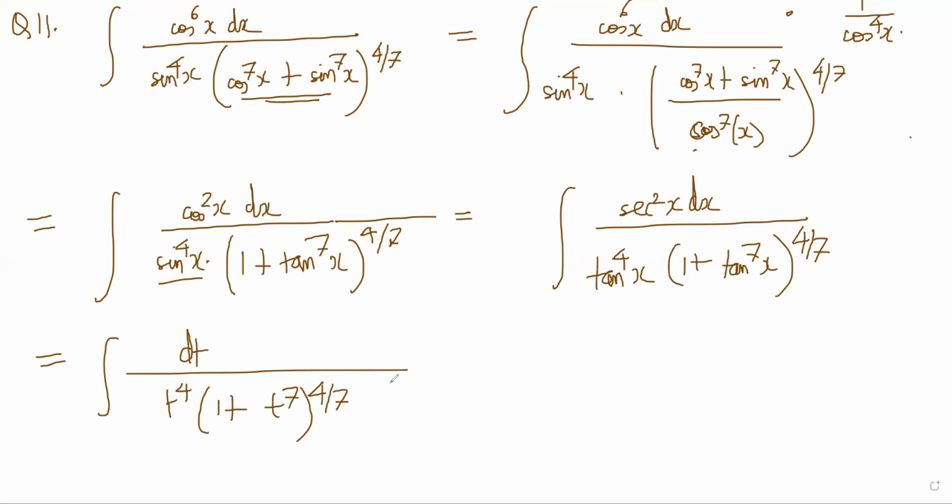So what can we do here? Let's multiply by t square and become t power 6. So t square.